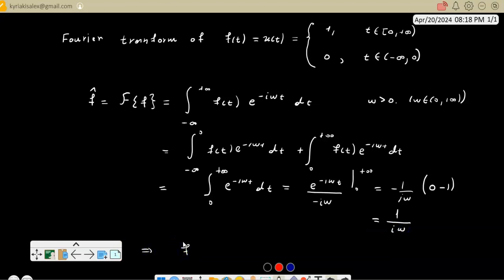So the Fourier transform of the unit step function is 1 divided by i omega, or we can write it as minus i divided by omega by multiplying with a conjugate complex number.